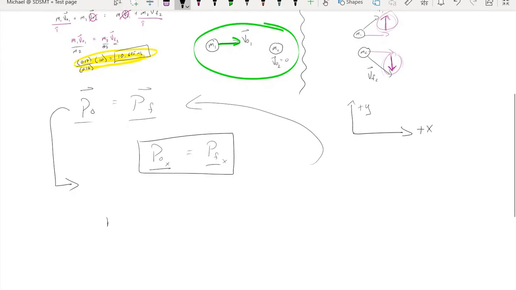We have two masses involved, so the initial momentum of mass 1 along the x direction plus the initial velocity of mass 2 in the x direction. I can drop the vector notation because everything is occurring just in the one direction of x.